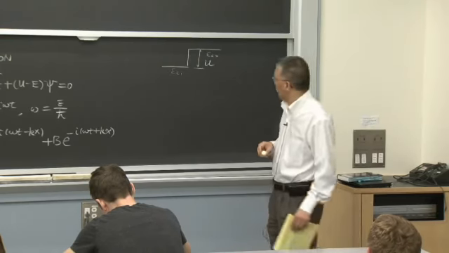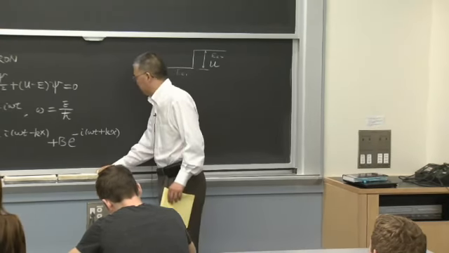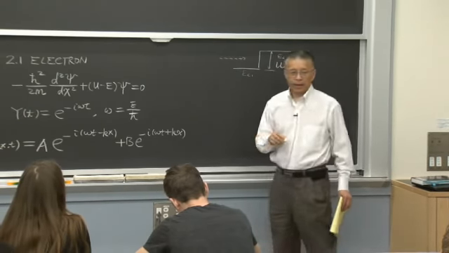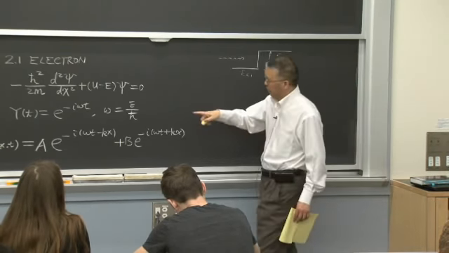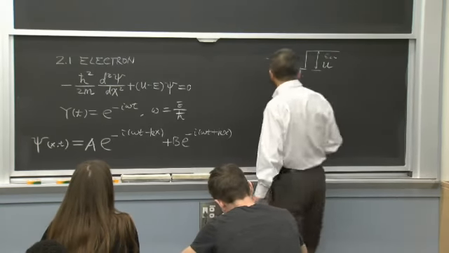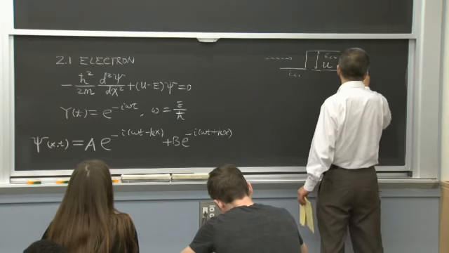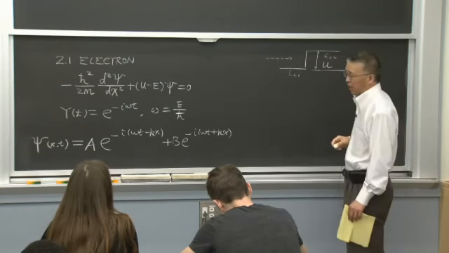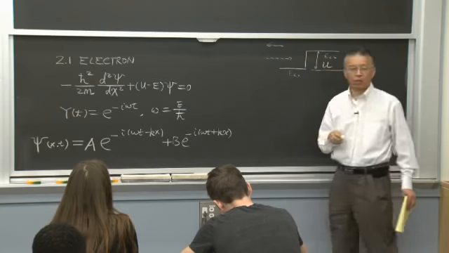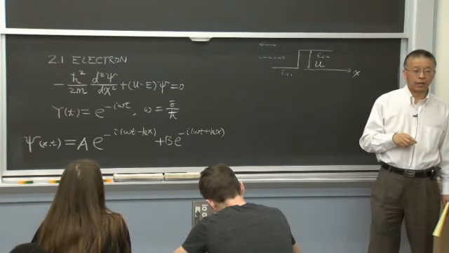Now I have an electron wave that comes in, so I can take a form of the incident wave. If this is my x direction, at the interface there will be reflection. The wave will go back, right?